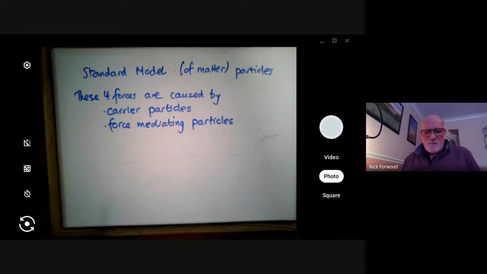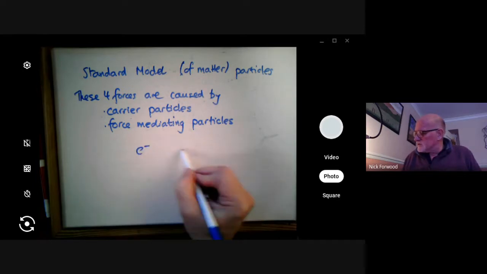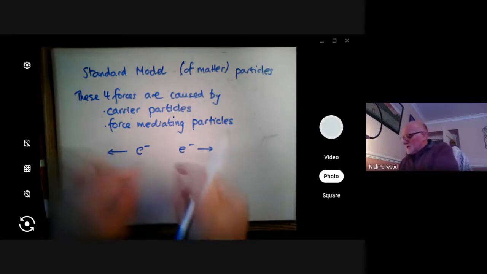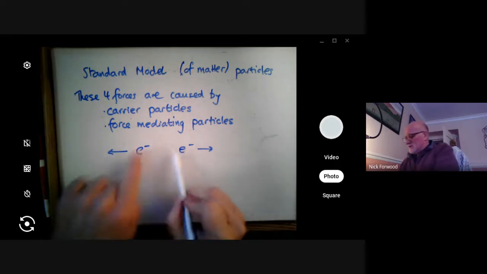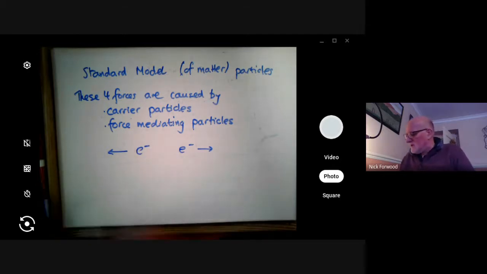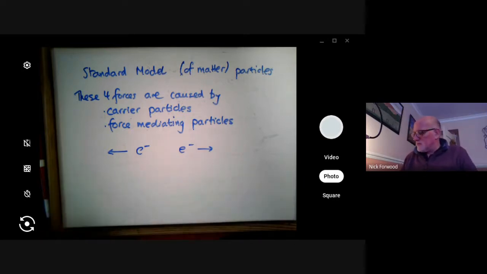Now, how does that work? Well, if we look at the electromagnetic force and we look at two electrons, we know that two electrons are going to repel each other. Now, how do they repel each other? Well, you could say that they repel each other because there's some invisible force that's between them that forces them apart. But physicists think that this invisible force is actually made up of these things called carrier particles or force mediating particles.